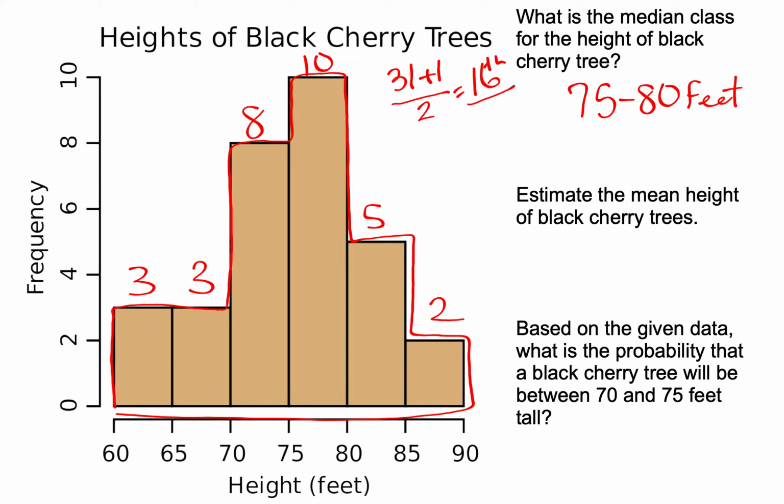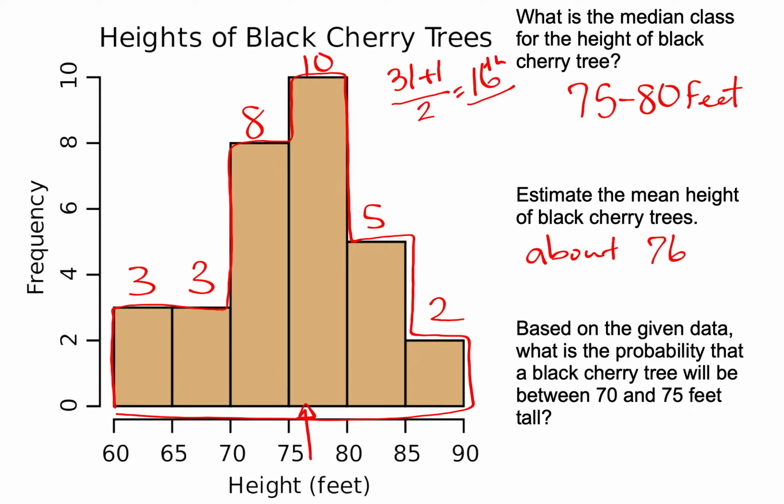At what point would you assume that this would balance? And I think it would balance about right here. That looks like about a good balance point. And that is about 76. That's estimating the mean just by picturing where it would balance.